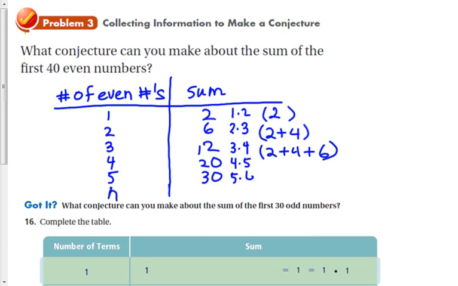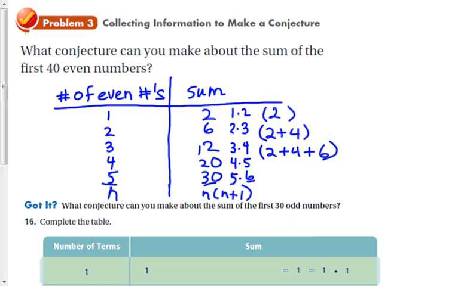And I hope you're seeing a pattern here that we can just multiply the number times the next number. Whatever number of even numbers we're adding times the next number. So in the 5th one we're multiplying 5 times 6 to get 30.